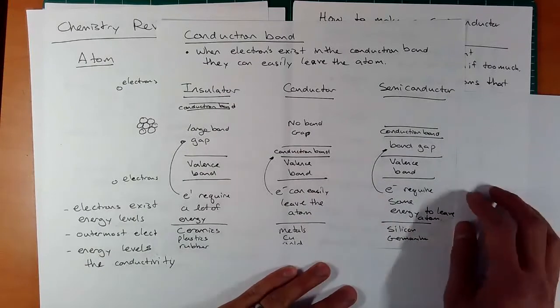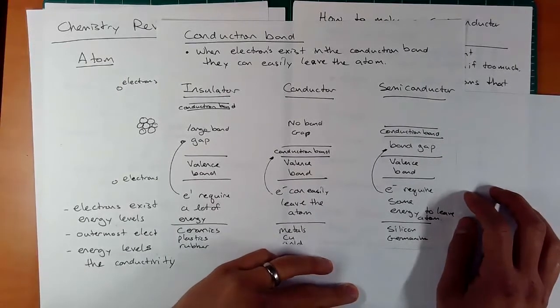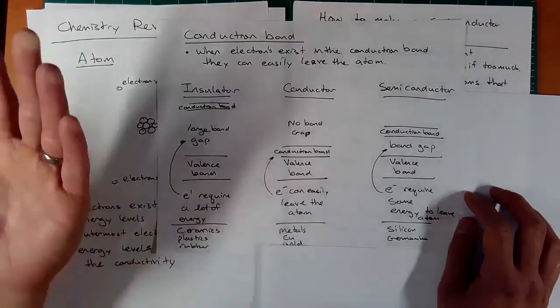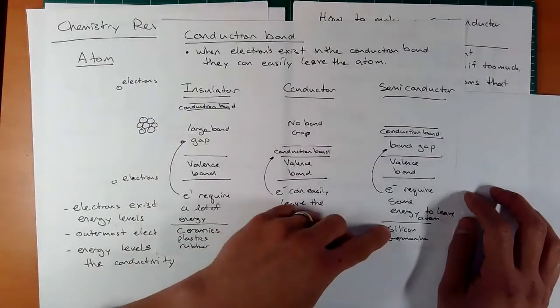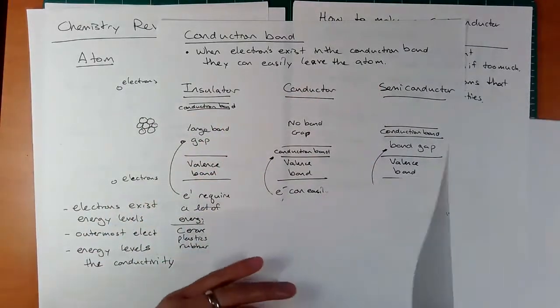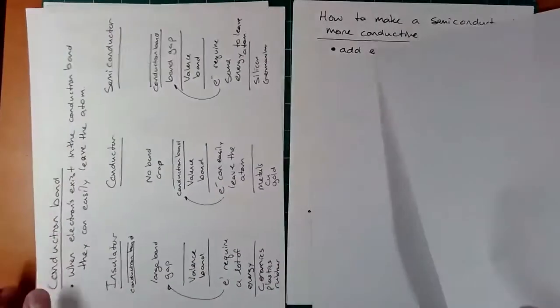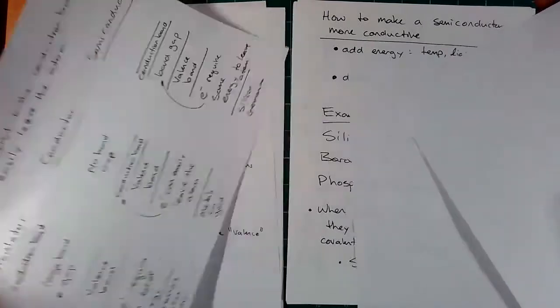In fact, the location of this recording is in Silicon Valley. If you're watching from somewhere else, you might not be in Silicon Valley, but this Bay Area is known as Silicon Valley for this reason, the semiconductor technology that has come from it.